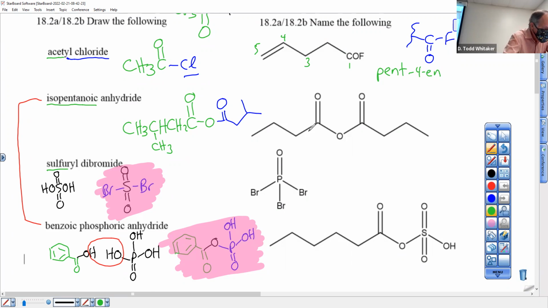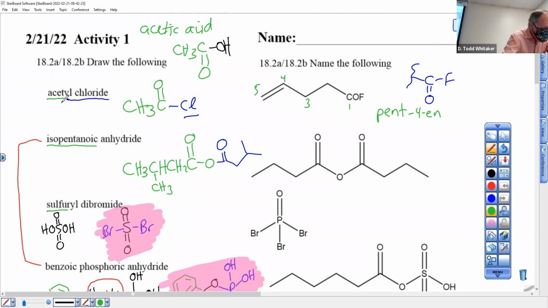What happens to the name of acetic acid when it becomes an acid halide? It changes to acetyl. Pent-4-ene. Well, this was pent-4-enoic acid before it started.